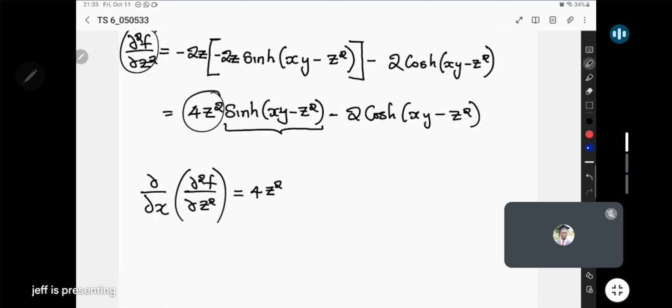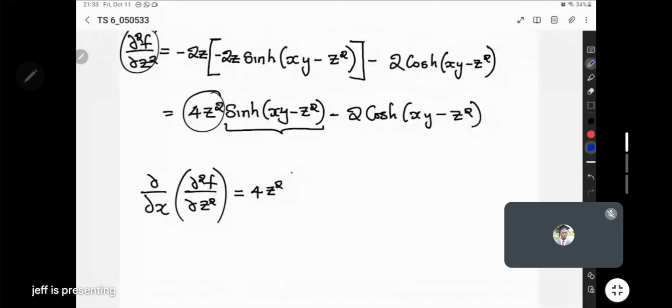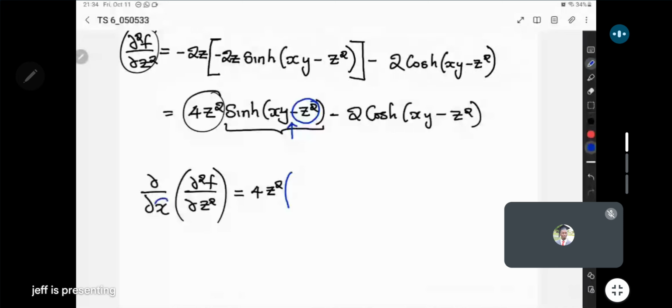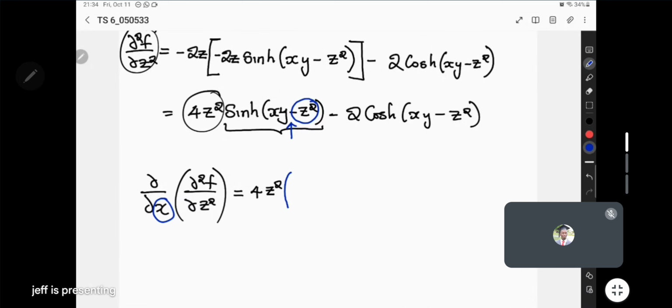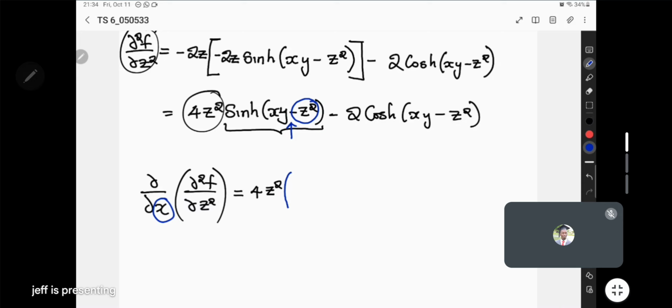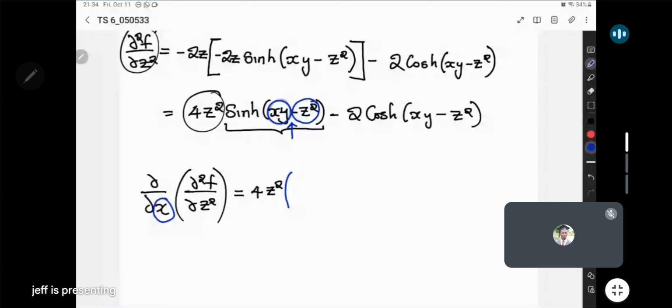To differentiate that, we first differentiate the argument, what is inside here. Z is a constant this time. Again, in this step, we're doing it with respect to x. So z is a constant, and that will be 0 when you differentiate. When you differentiate xy here, the derivative of x will be 1, and only y will remain there.